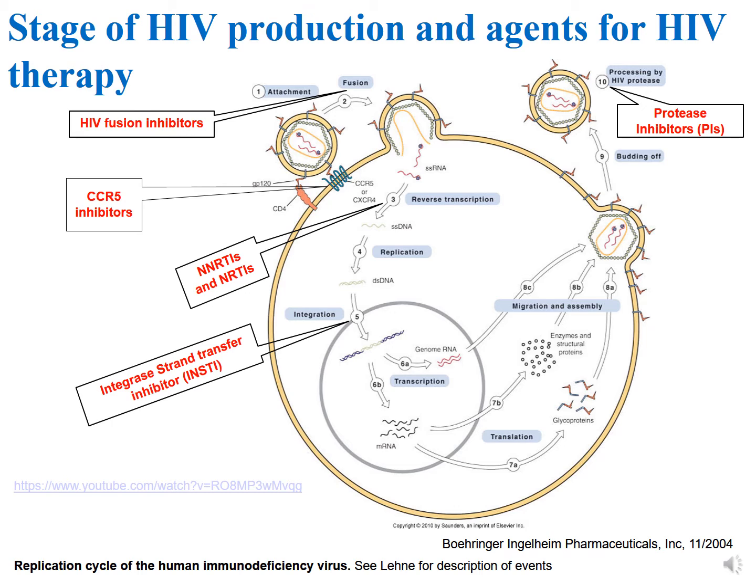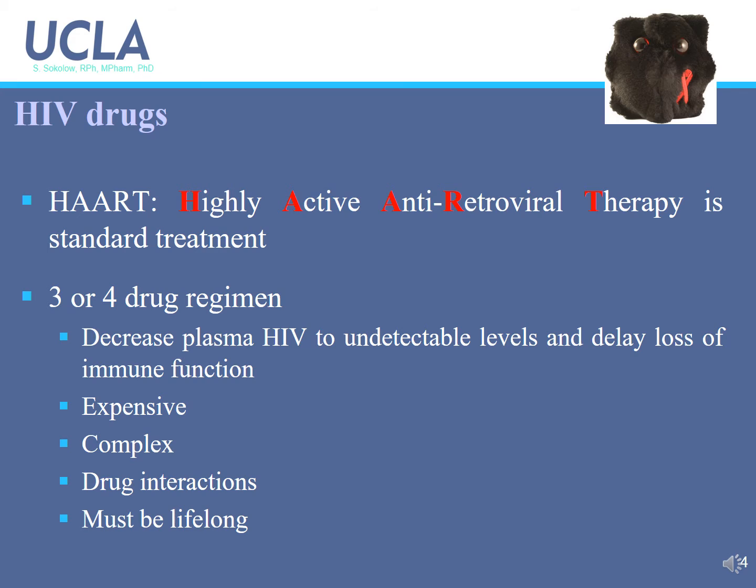Then you have the integrase strand transfer inhibitor, which will block the integration of the viral genetic material into the nucleus of the host cell. And then you have the protease inhibitor, which is the last step in this replication cycle. And so we're going to talk about the different agents.